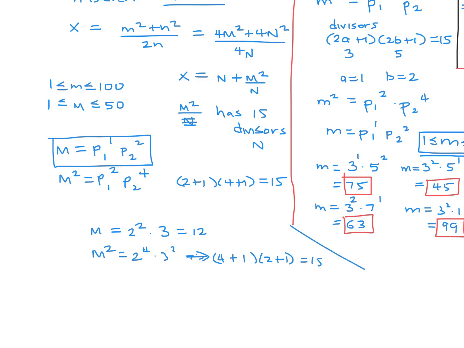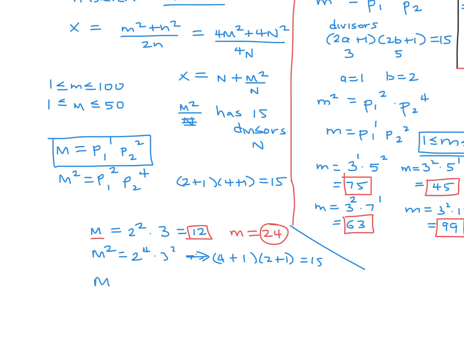Yeah, that works out. And therefore, that 12 is a valid value for big M, and therefore the value of the small m would be 24. And let's do one more. I'm not going to do them all. I'll let you guys do them.